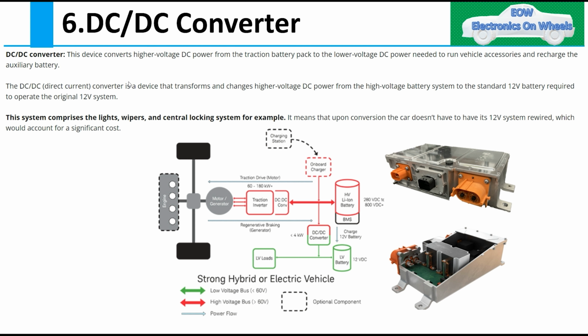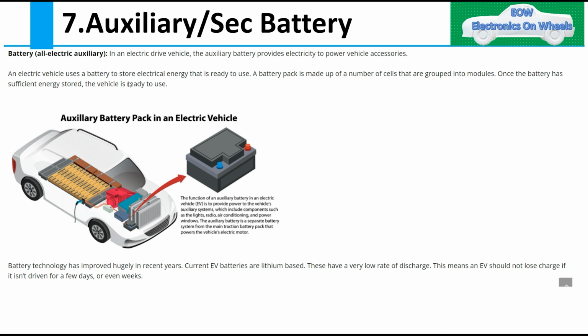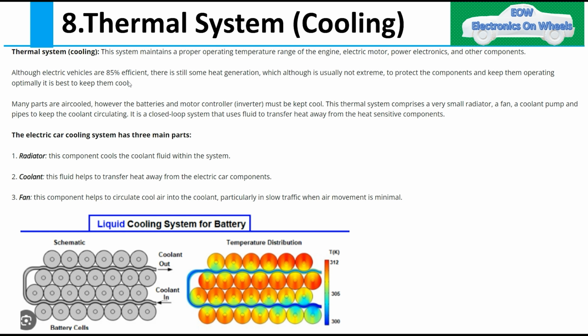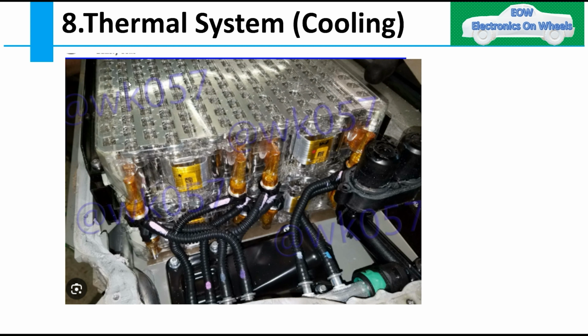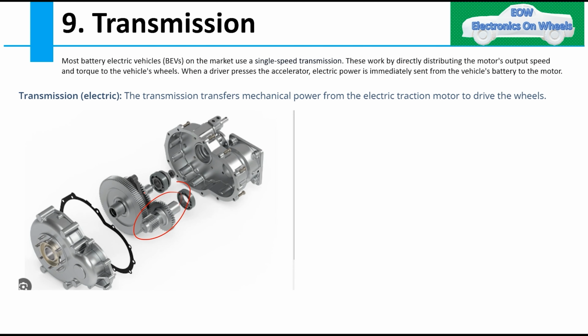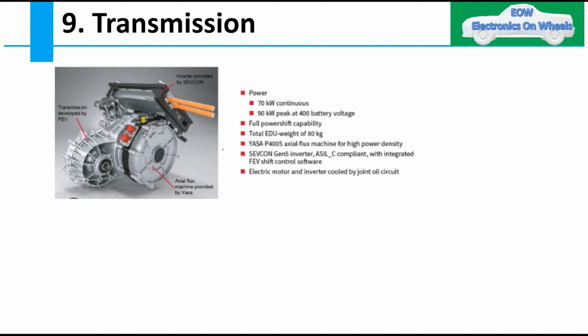The DC-DC converter; then the auxiliary battery, what its function is and how it gives the power; then the thermal cooling system. It looks like this, you will have the pump and other parts. This is your battery, this is your pump, and the coolant goes inside the battery. Then the transmission, what type of transmission we have, and what the specification is.